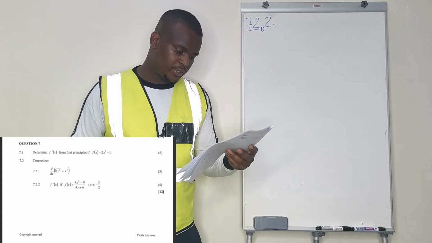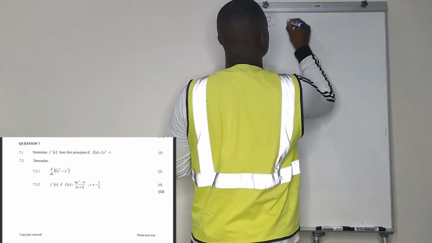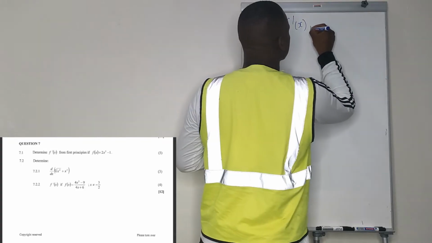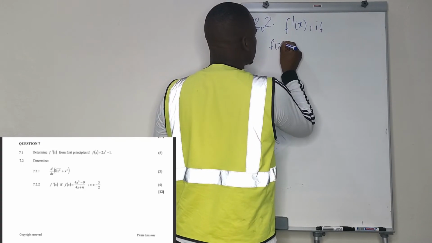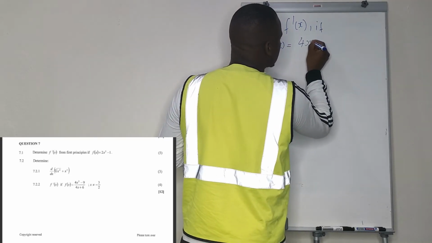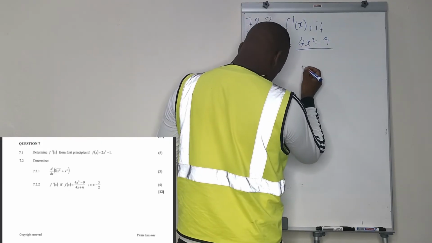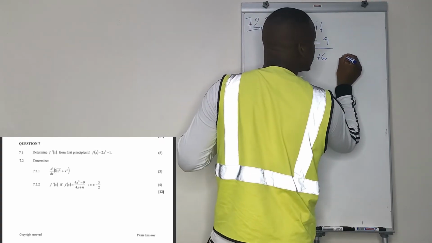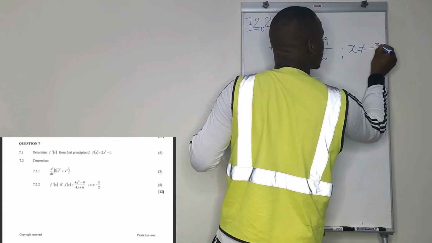So 7.2.2, determine f prime at x, right? If f of x is equal to (4x squared minus 9) over (4x plus 6), where x is not equal to minus 3 over 2.